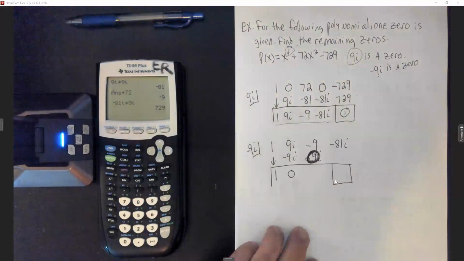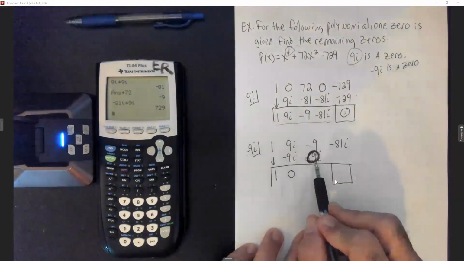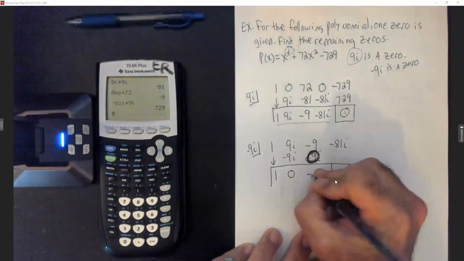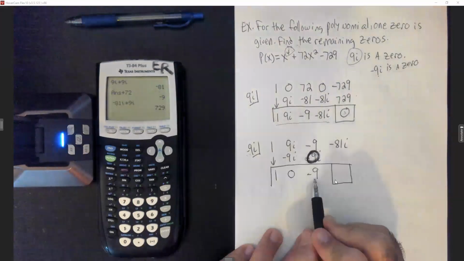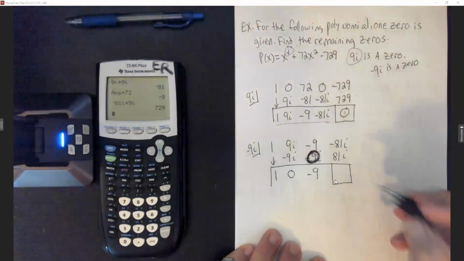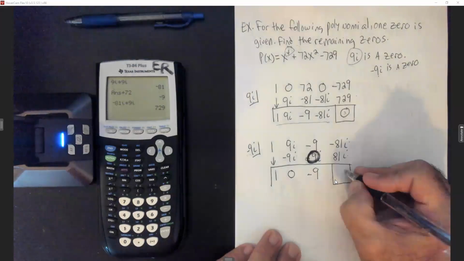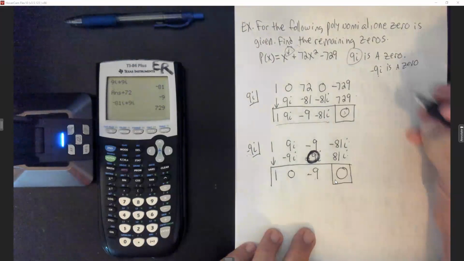All right, so remember, 0 times negative 9i was 0. Negative 9 plus 0 gave me negative 9. And y'all watch this. Negative 9 times negative 9i is a 81i. So that when I add a negative 81, positive 81i, I get a 0. So we knew negative 9i was a 0.